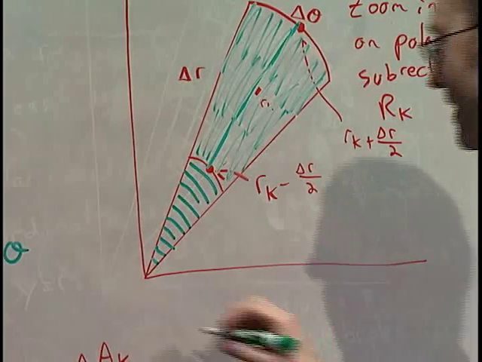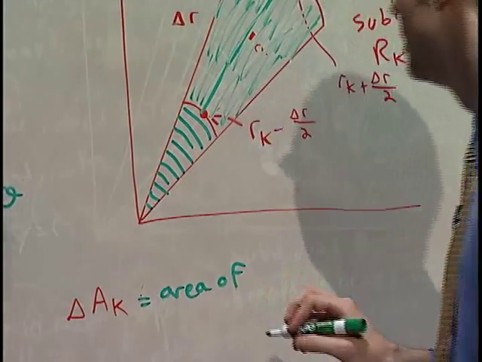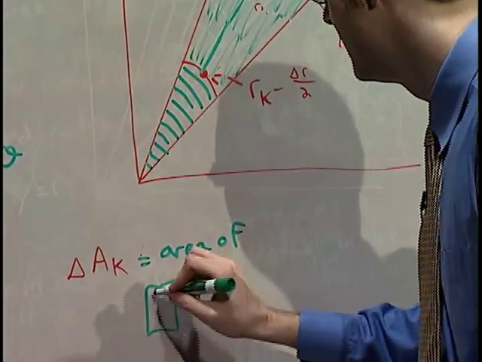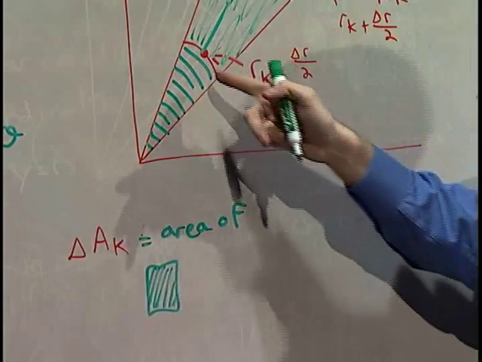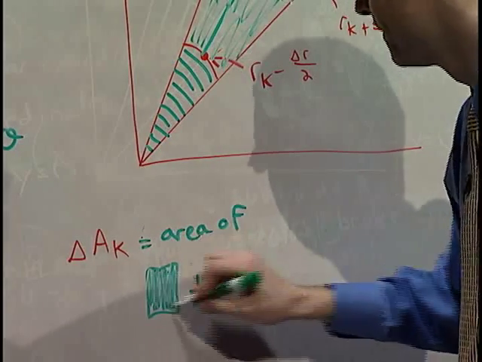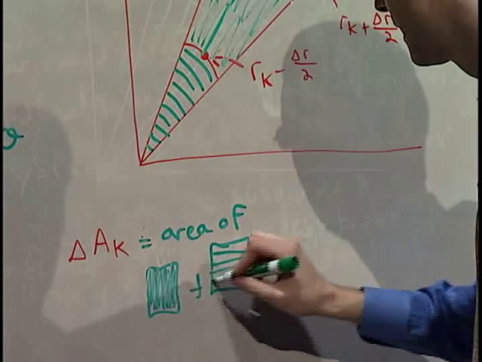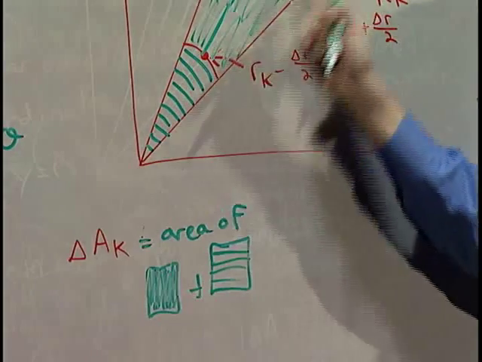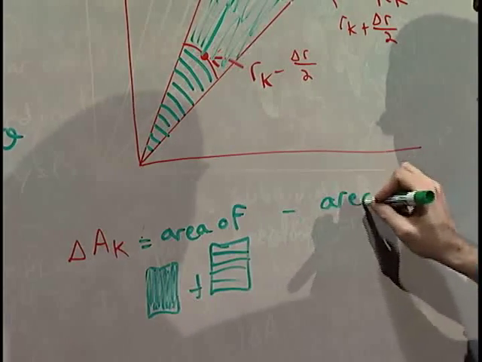Well, the change in area, what I want to do is take the shaded region and the striped, so this is shaded, this is striped. Take the whole area of the whole wedge, and minus off the striped piece.